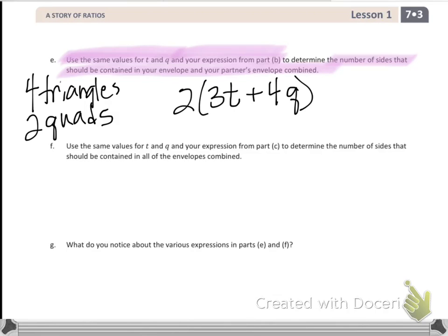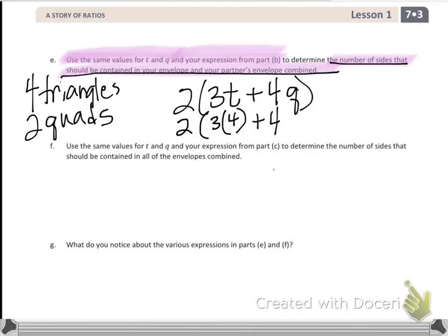So the way I'm going to determine the number of sides that should be contained in the envelope for both myself and my partner combined, I just plug in again. I'll keep my 2 here, plug in my 4 for my number of triangles, and then 2 for my number of quadrilaterals.